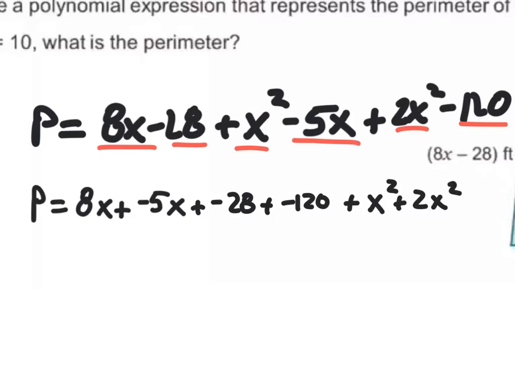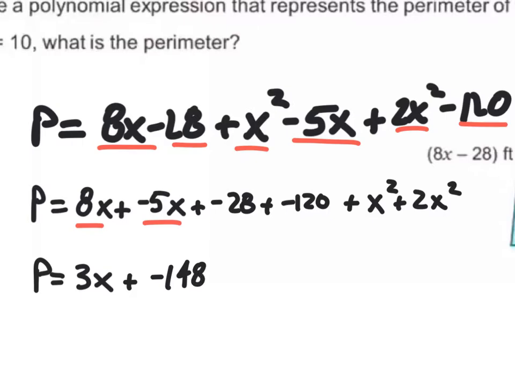So now I want to combine these, all right? 8x plus negative 5x is going to give me just 3x. And then negative 28 plus negative 120 is going to give me plus negative 148.